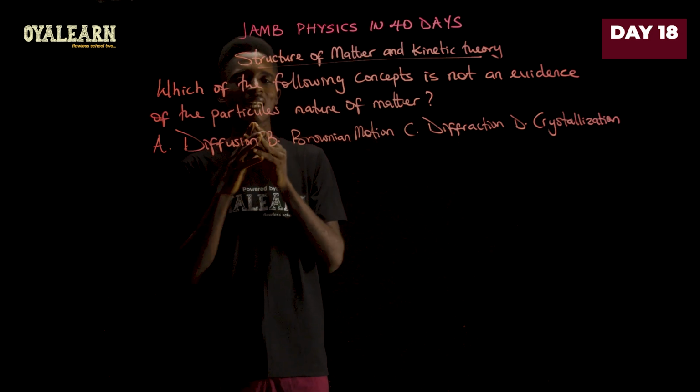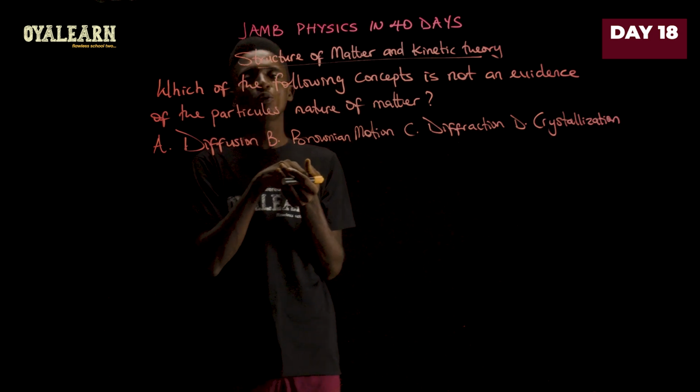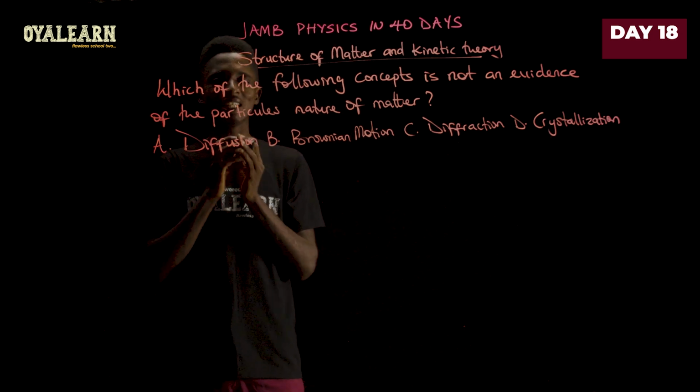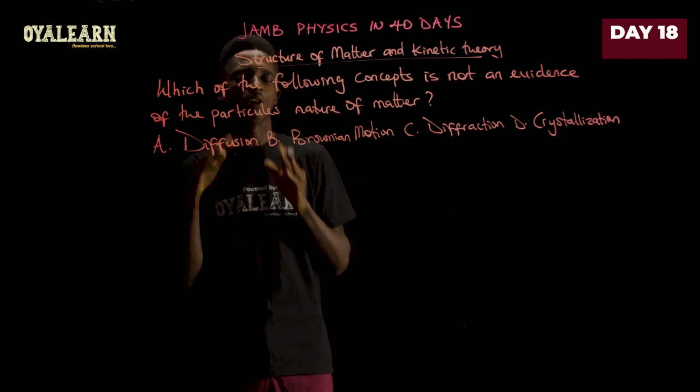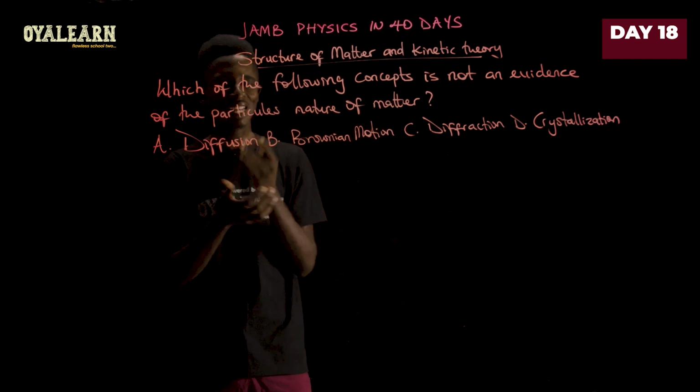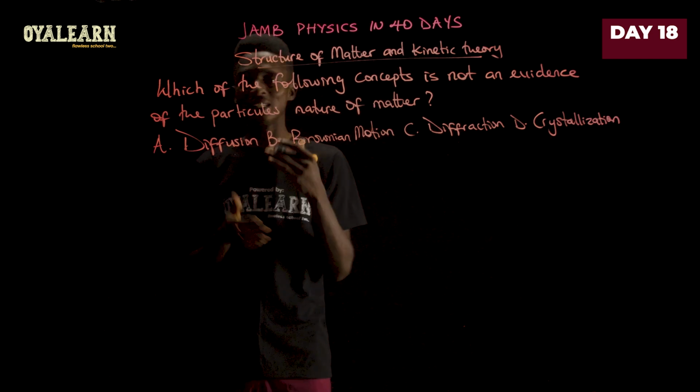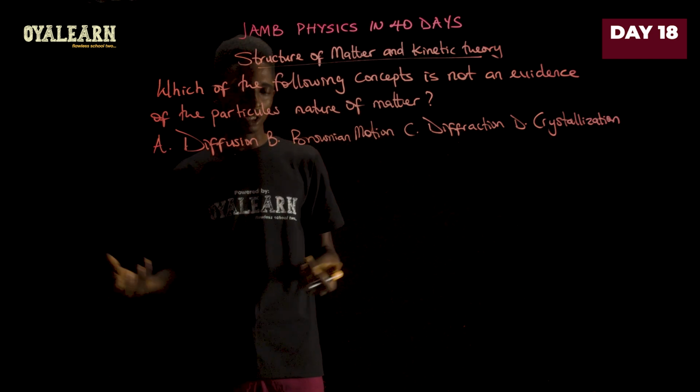Another case is like when you put the bromine liquid into a particular jar, the bromine vapor is going to spread out throughout the entire jar. Those are cases of diffusion, and they explain that bromine in that case consists of molecules.